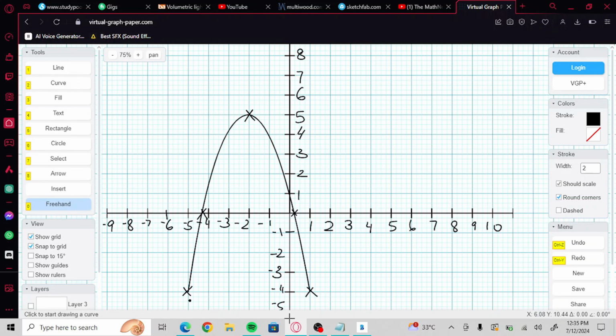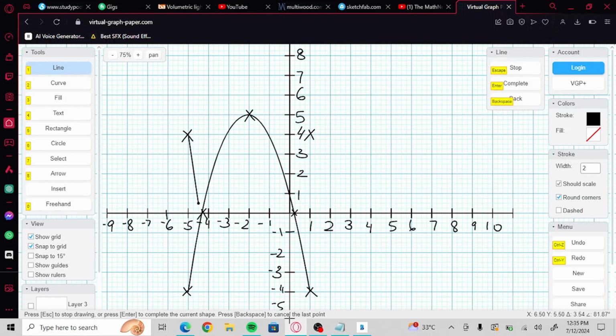So instead of -4, we make this +4, so -5, +4, and this is it. Then we take the point +1 and +4, and we connect this line.